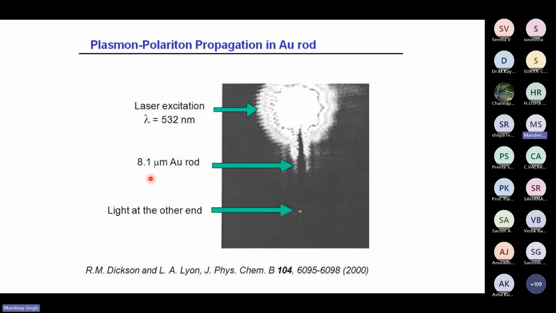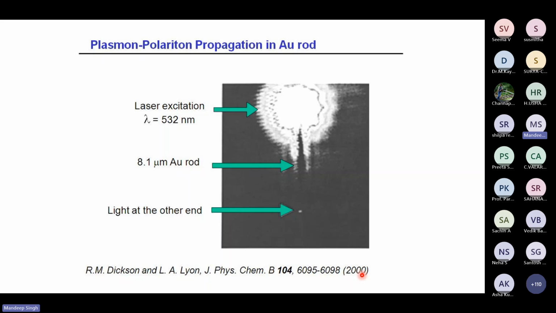They have taken a gold rod of 8.1 micrometer, and you can see they launch the light from the laser and the light goes towards the other end. Experimentally, this was tried in 2000 by these scientists.